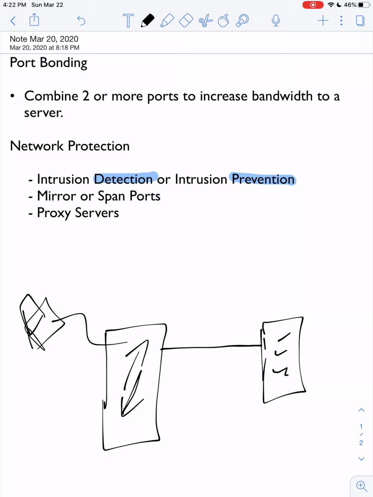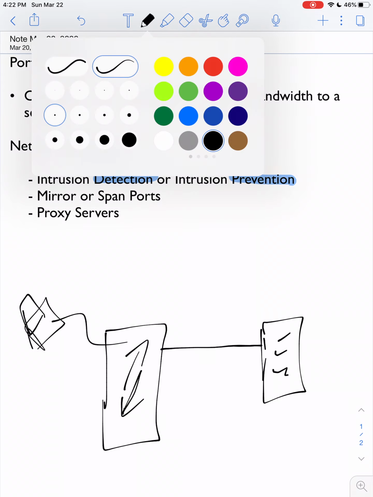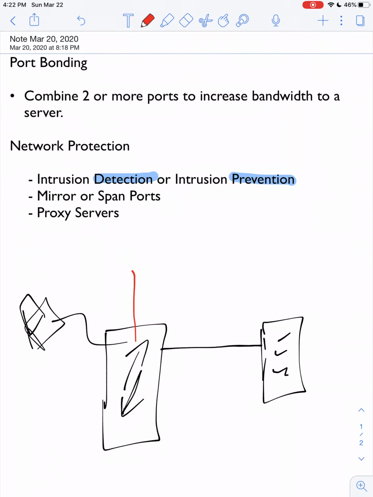So in reality, what this actually looks like, there would be a line drawn here. And when this workstation queries this server, the proxy gets it, and the proxy actually makes the query. The response comes back to the proxy, and the proxy responds back to the workstation. That's how a proxy works.